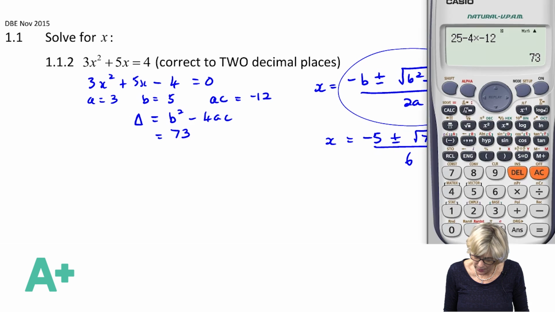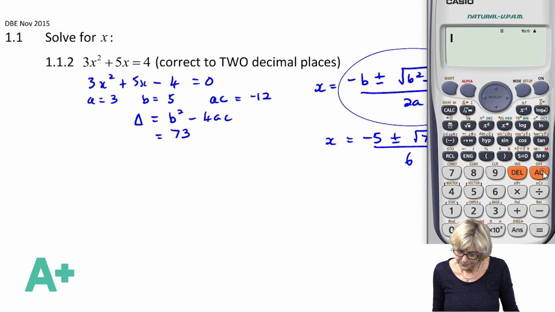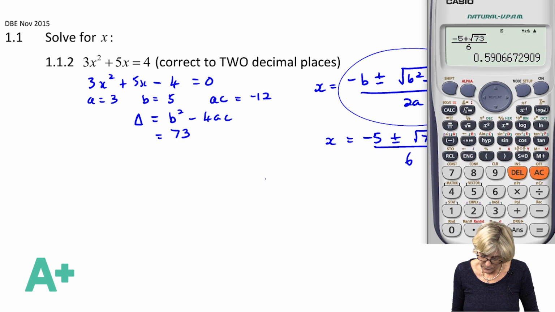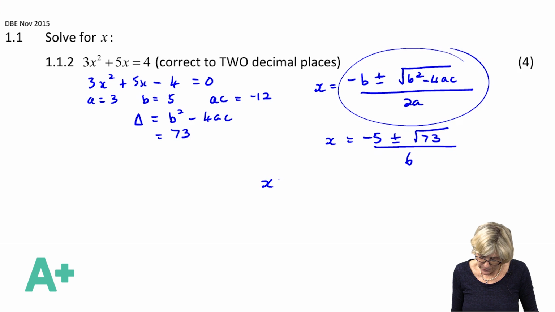So we can take the calculator, type it in, use your fraction: minus 5 plus square root 73, all over 6. Then you go equals and push SD, and to 2 decimal places I get 0.59. So therefore x is equal to 0.59.